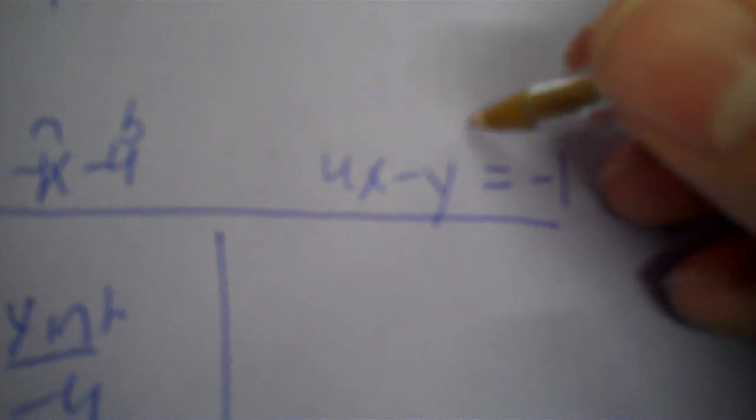Now for the second equation, well, you better get the y by itself, I can tell you that. The y is multiplied by a negative 1. If y is multiplied by negative, rewrite it so that we don't have a negative anymore. And it's just an equal, so you don't have to worry about flipping a greater than less than sign. So negative 4x, positive 1y equals positive 1.